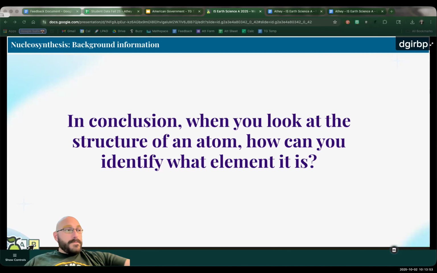Okay. So, how can you tell what element it is if you look at the structure of an atom? I need all of you responding to this so I can get an idea of where we're at.